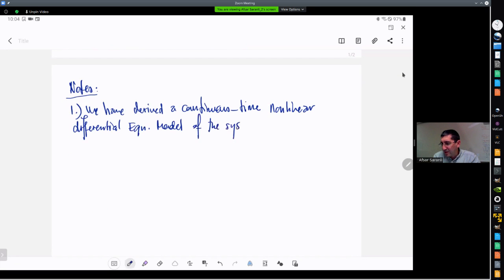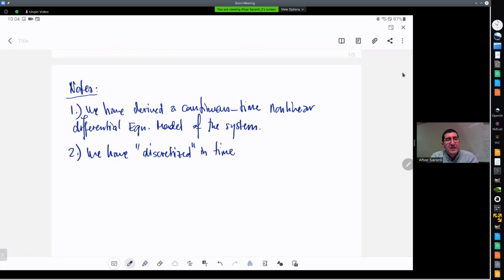The system was a tank with free outflow. As a second step, we have discretized. Remember that discretization may be defined in different domains. We have discretized in time. That means the system has become discrete time.